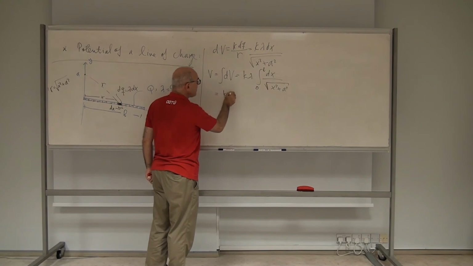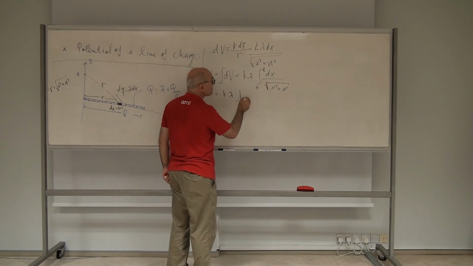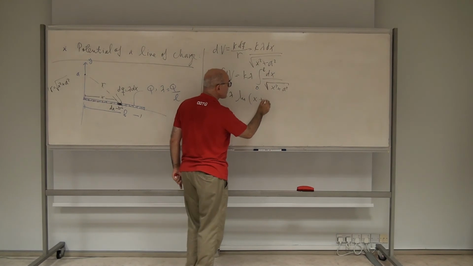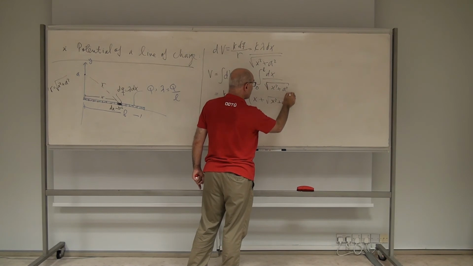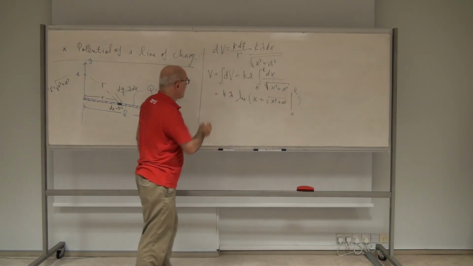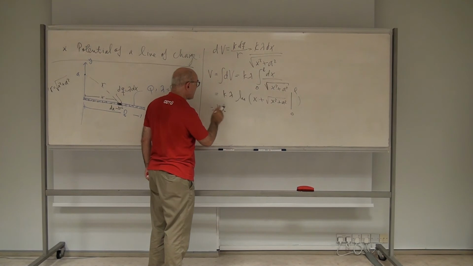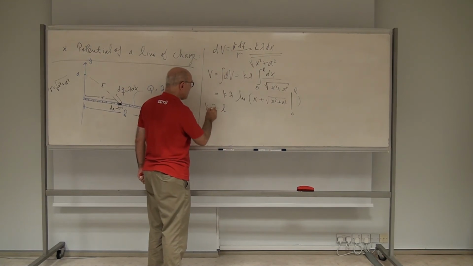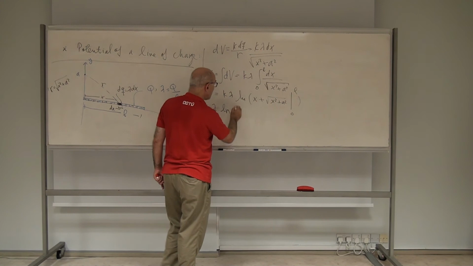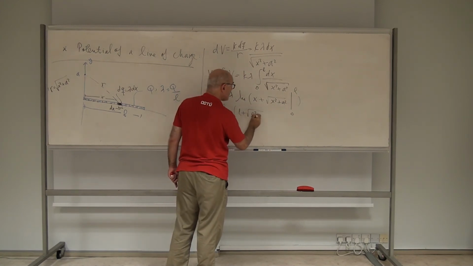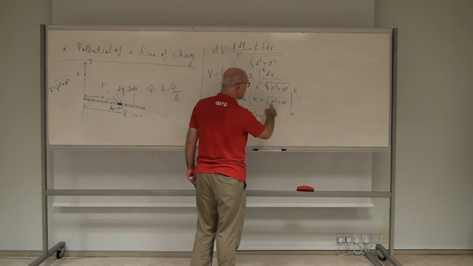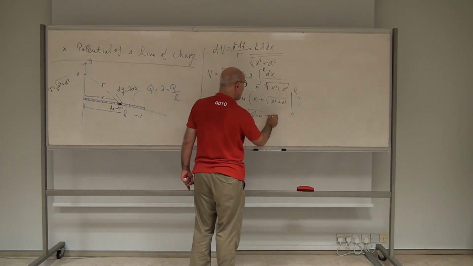So k lambda ln of x plus the square root of x squared plus a squared, between 0 and L. If you do this, it becomes k lambda ln of L plus the square root of L squared plus a squared, minus, when you substitute 0, just a.